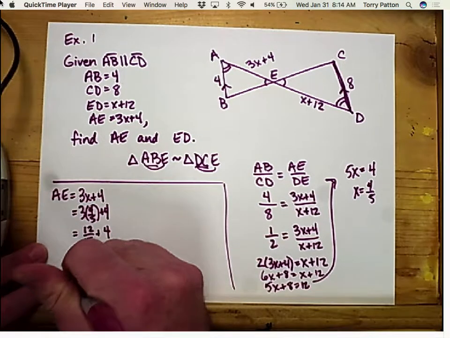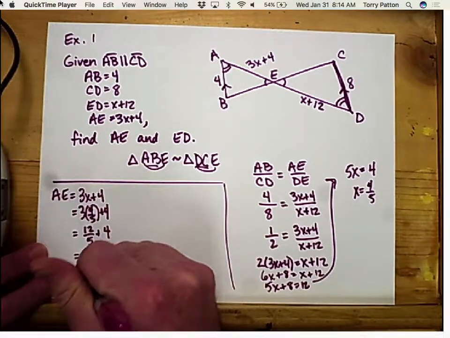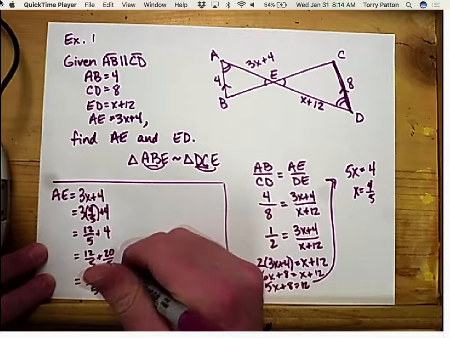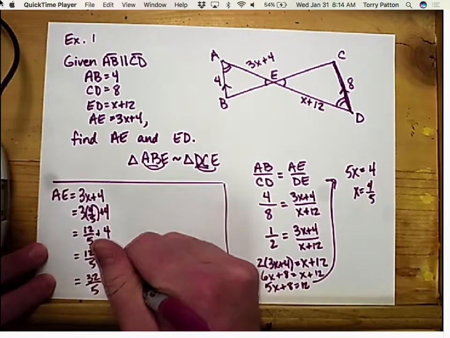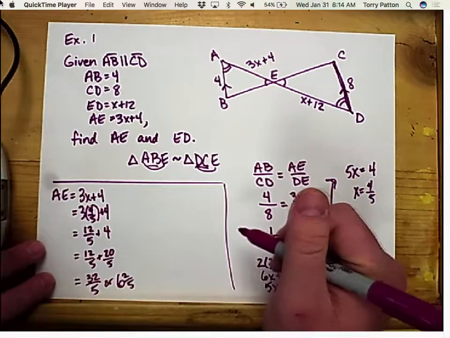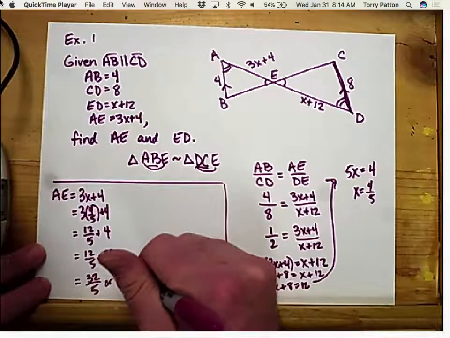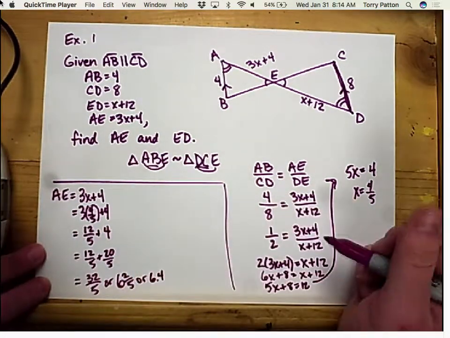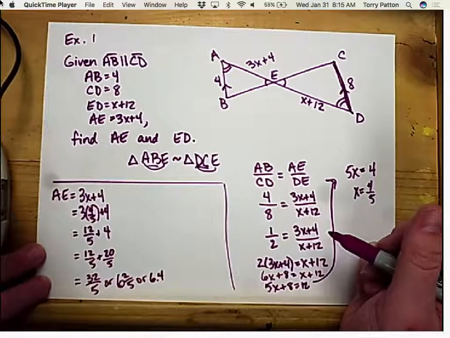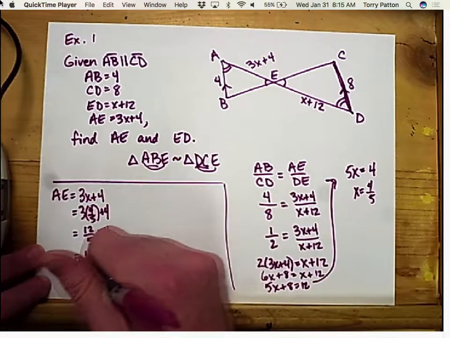And so that is 32/5, or if you would rather, that's 6 2/5. Or if you'd rather, that's 6.4. Okay? I would accept any of those three answers.